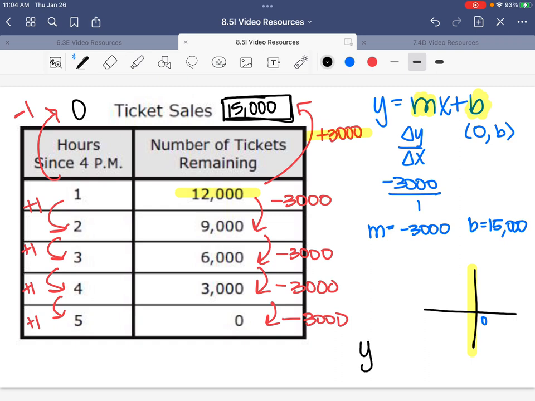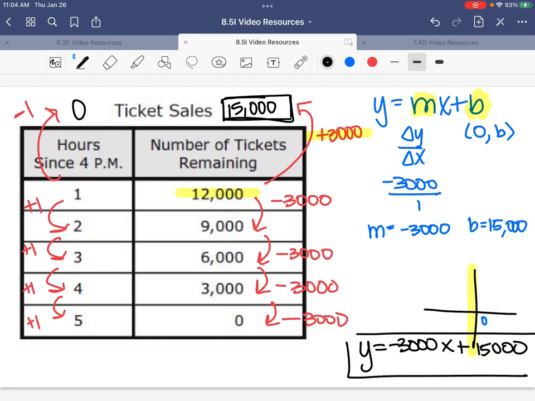So y will equal m times x, so that rate of change, which is negative 3,000 times x, and then plus the initial value, or the y-intercept, which is that starting amount of 15,000 tickets. And that is our equation.